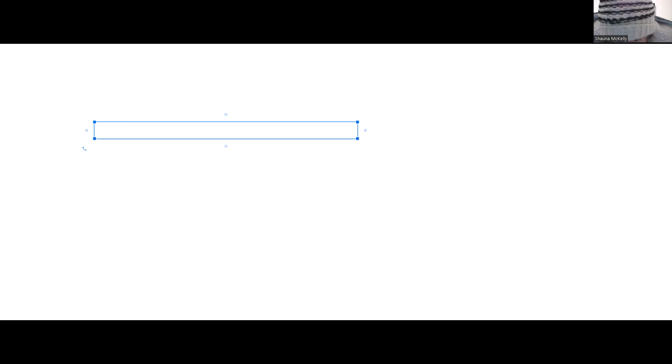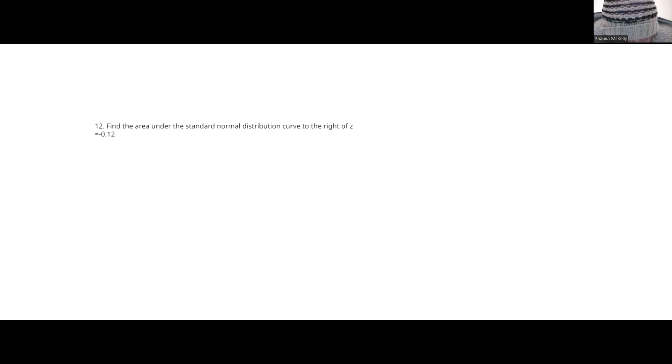Okay, once again, draw your distribution. So here's your baseline. Here's your curve. Remember, 0 is always in the middle. Okay, this is 0. So negative 0.12 is going to be really close to 0, but on the left.